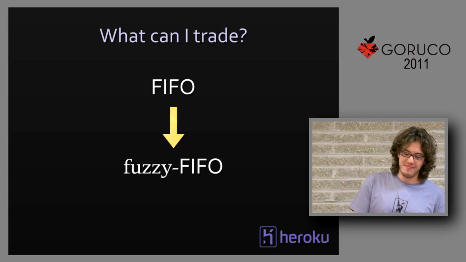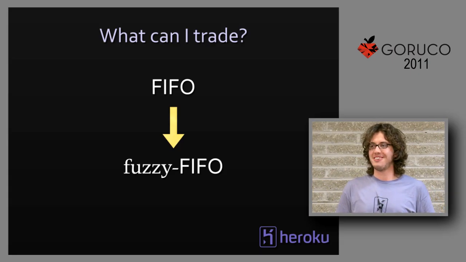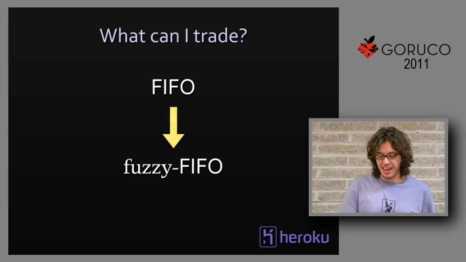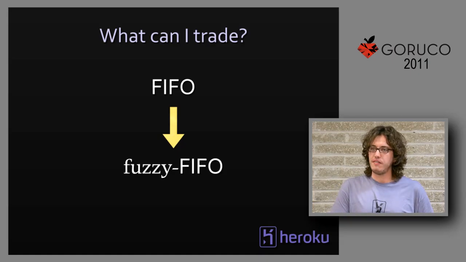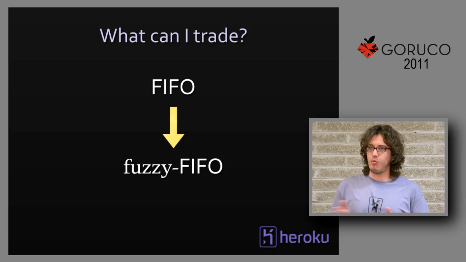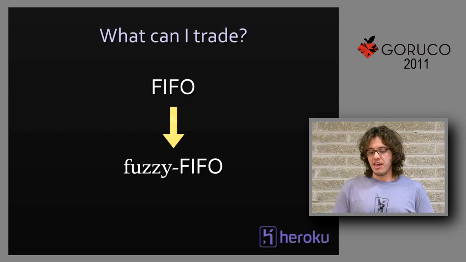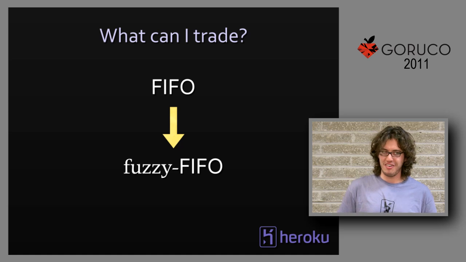There's all sorts of great research, and I encourage you to check out the digital library. I found a person who was using what he called rendezvous channels to dispatch work to workers in a more concurrent fashion. I adopted his idea, forked it, and called it fuzzy first in, first out.